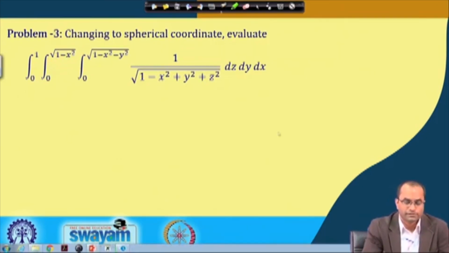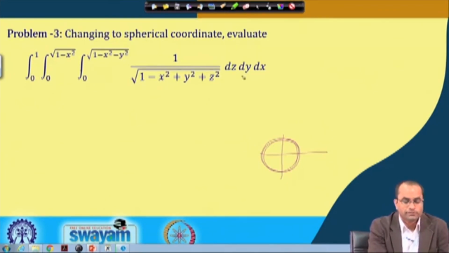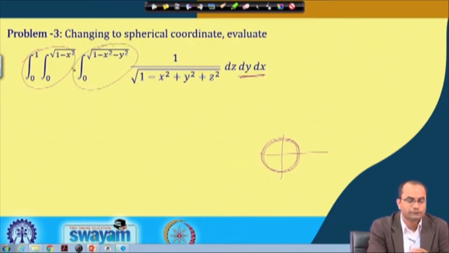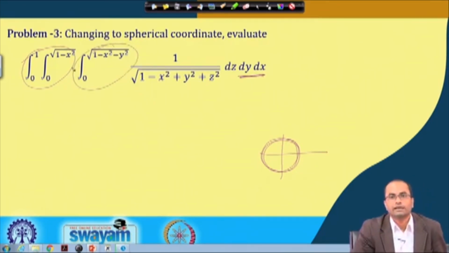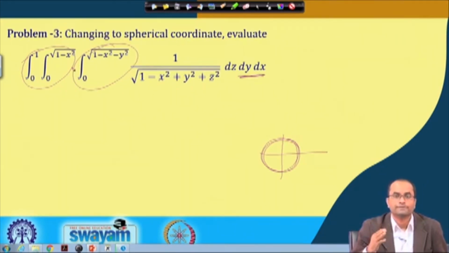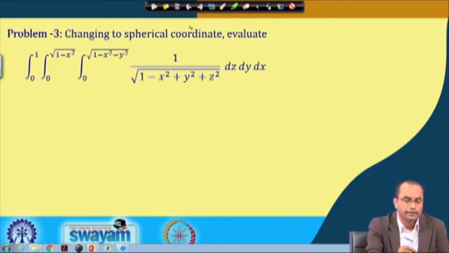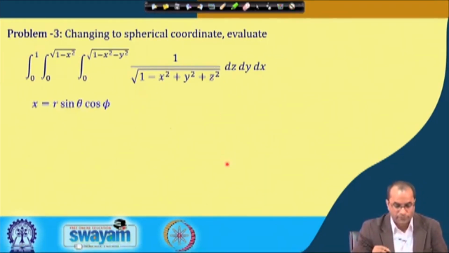That is precisely what we have in the x y plane, the values for y and x, a circular part of these limits, and then in the direction of z we are moving from 0 to the sphere. So, again it is natural to consider the spherical coordinates.